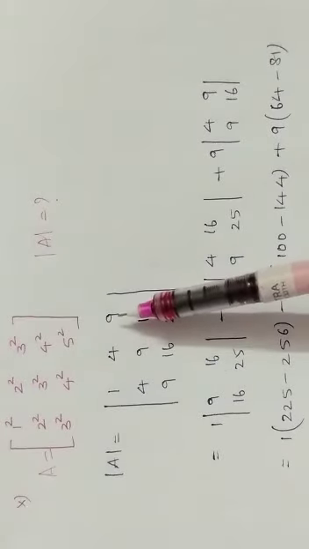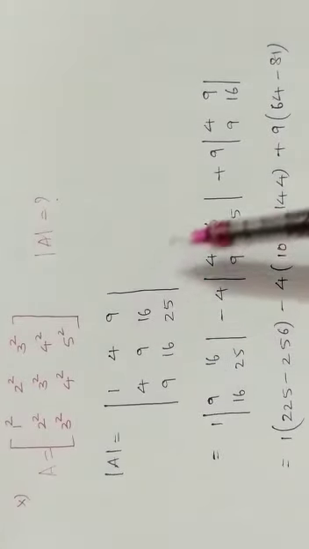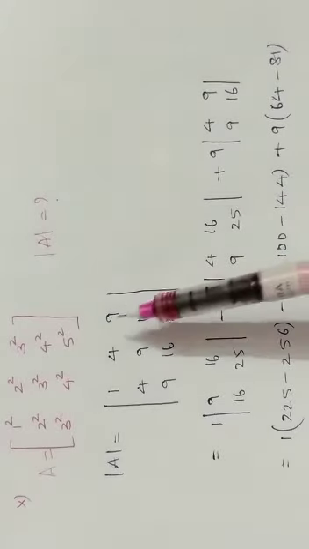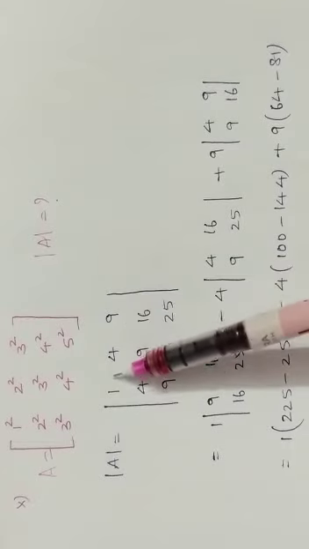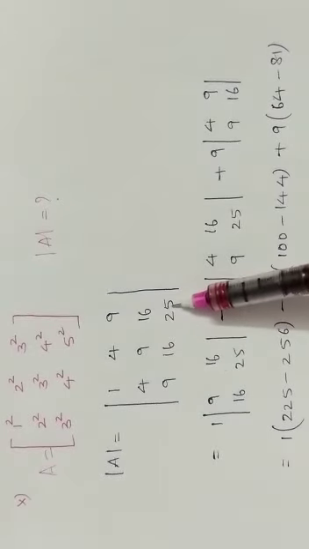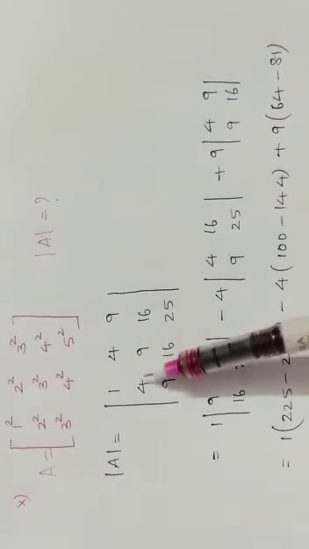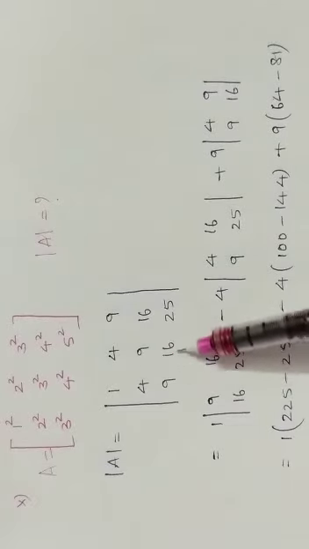The same sign is to be taken for this element. So plus 9 into, remove row and column in which this element is present. The 4 elements are 4, 9, 9, 16.